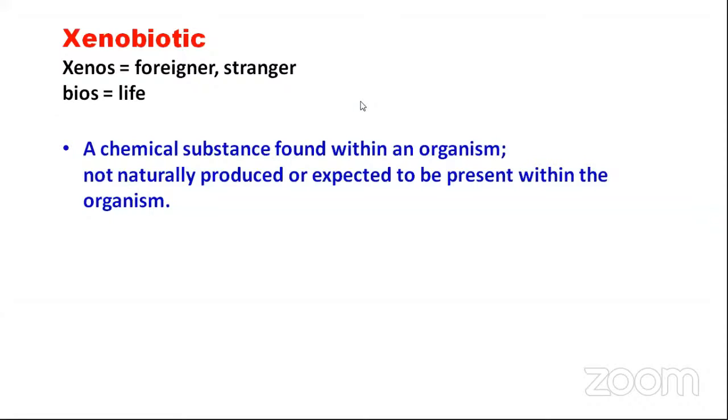We get exposed and get that particular foreign entity inside, and when the xenobiotic goes inside the body, depending on its nature and its target organ, we get the disease, we get the aberration, we get the problem. That is what is called xenobiotic. All pollutants are called xenobiotics. In medical parlance, a xenobiotic is known as antigen.